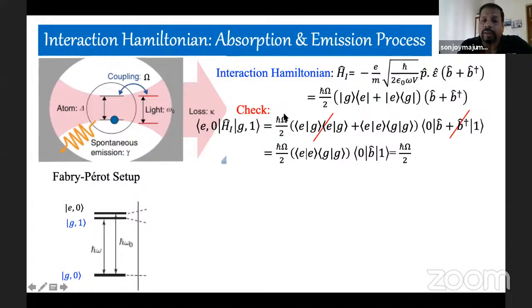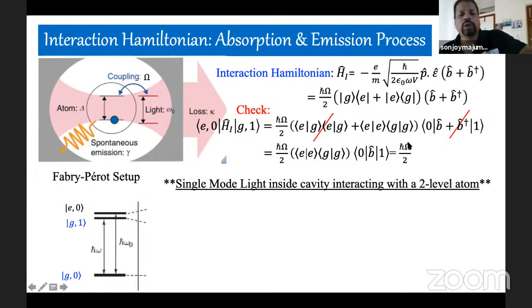So you got that matrix element in terms of the Rabi frequency, which is what you want. If you write it in this fashion, you can check that it is correct, the correct transition strength which you got back here.